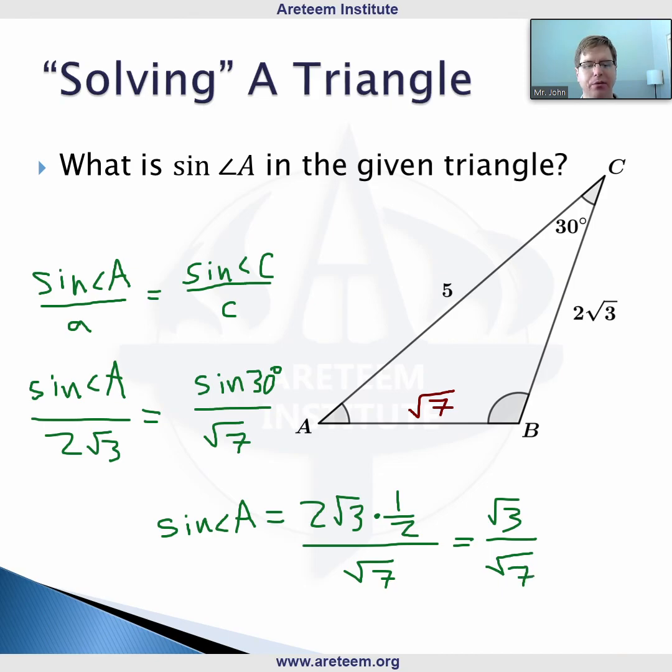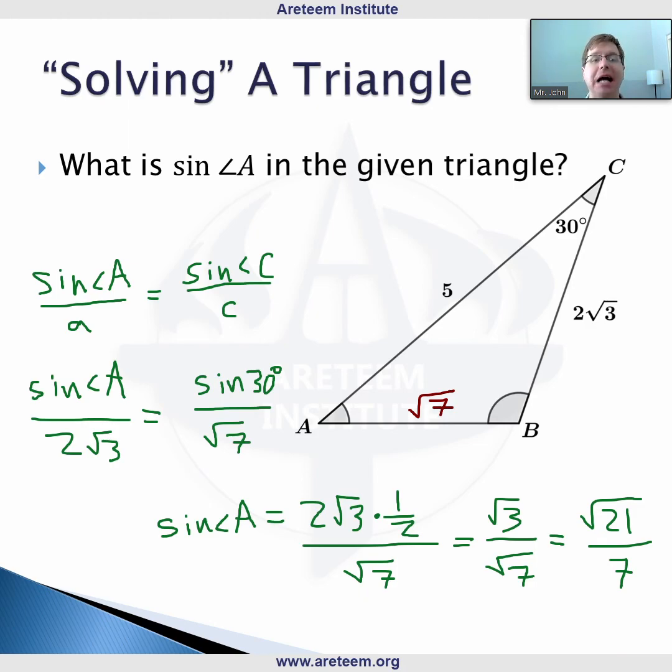If we want to write this in simplest radical form, we multiply by square root of 7 on the top and bottom, and we have square root of 21 divided by 7. It's not as nice of an answer. This isn't one of our special angles that I expect you to know. Sine of angle A is square root of 21 over 7, so our angle is blank.